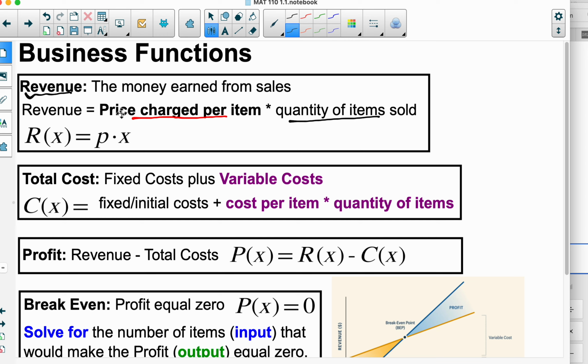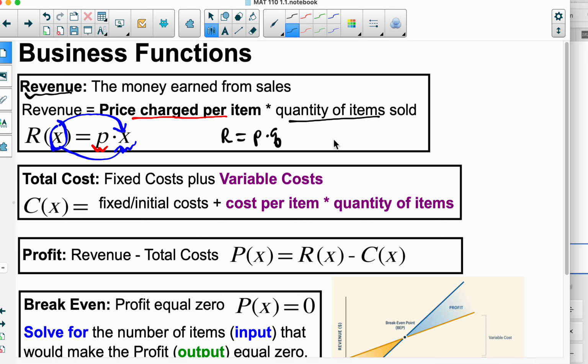So we write it here. We can write it a bunch of ways, depending upon what our variables are, but here my input variable is X. So whatever variable is inside the parentheses, it's always going to show up here as well. So this is my price, P, times my quantity of items, or X. Another way that you'll come across this is revenue equals P times Q. You'll hear that in business a lot.